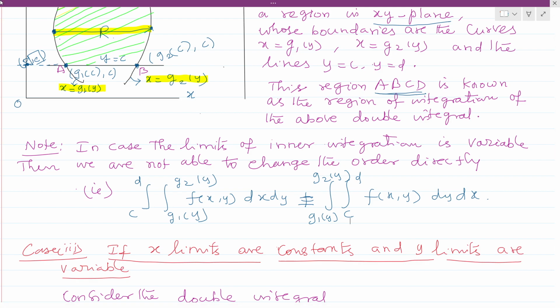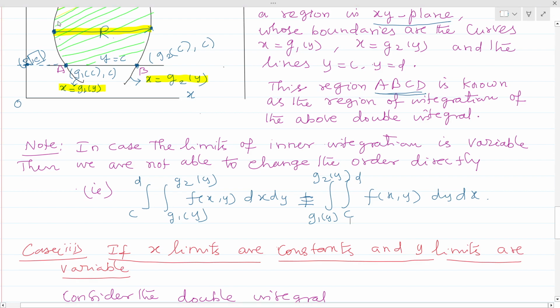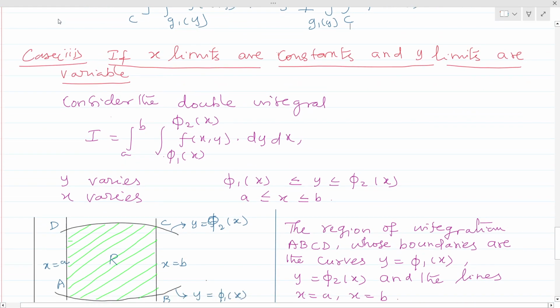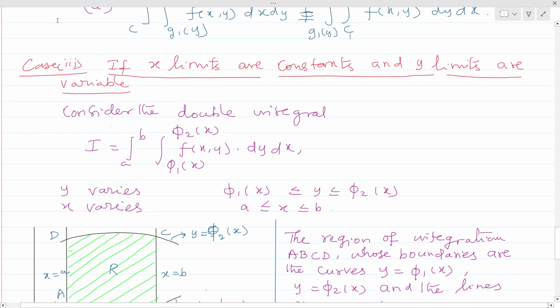Then we can see the third case, case 3: if x limits are constants and y limits are variables. If y limits are variables, always you know that the outer integration limits should be constant and the inner integration limits may be constant or variable.